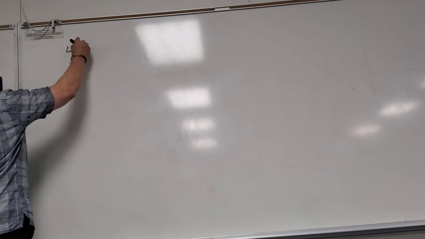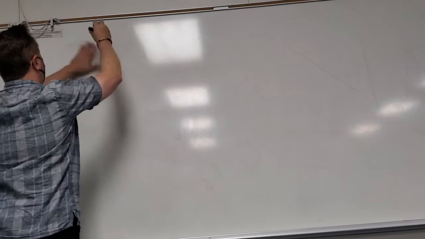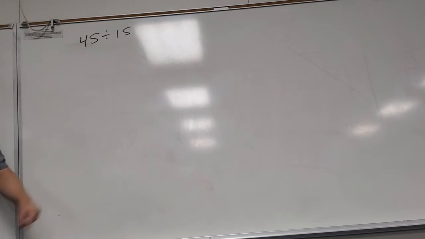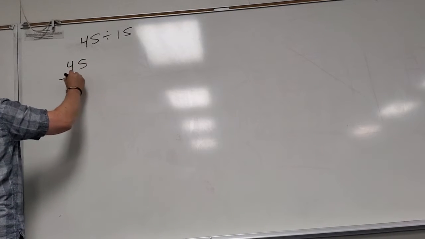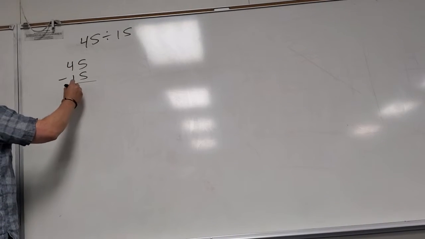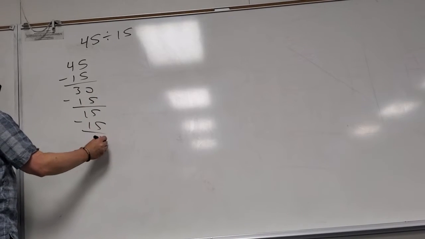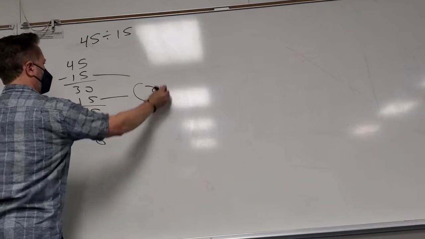So watch this. If I wanted to do, let's start off with something that works, Jeff, 45 divided by 15, you would subtract 15. So 45 minus 15 is 30. 30 minus 15 is 15. 15 minus 15 is 0. 1, 2, 3.